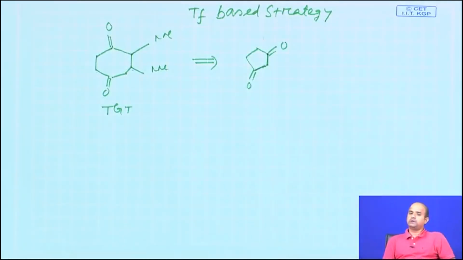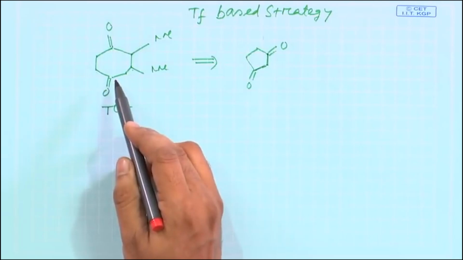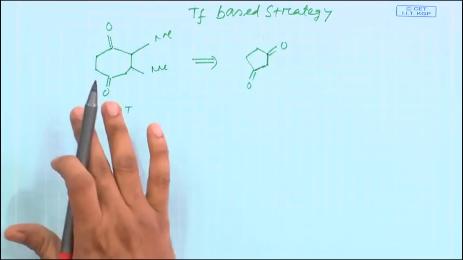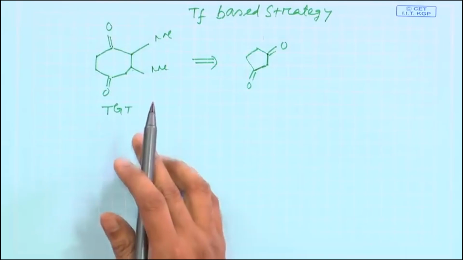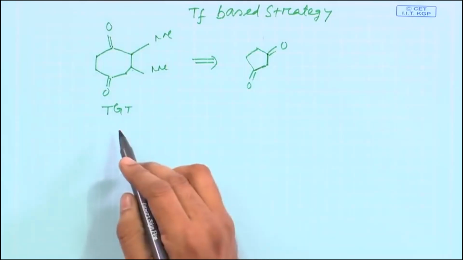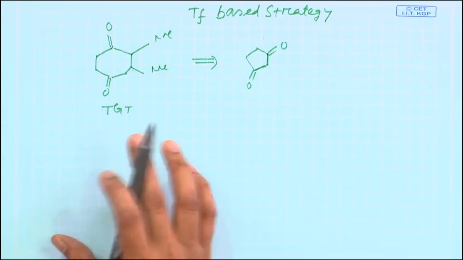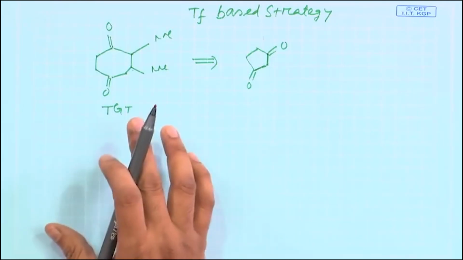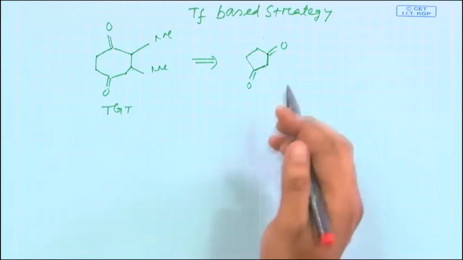Now, before we start analyzing this problem, I will try to give you a brief intro that how 7 member rings, probably for this problem how you can think about doing a disconnection. Now, 7 member rings are usually not a very good starting material, you probably will not get too many starting materials which is having 7 member rings.